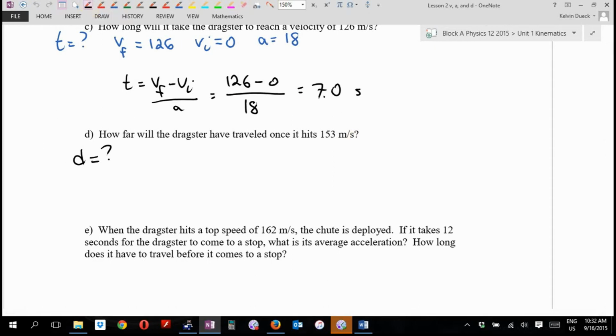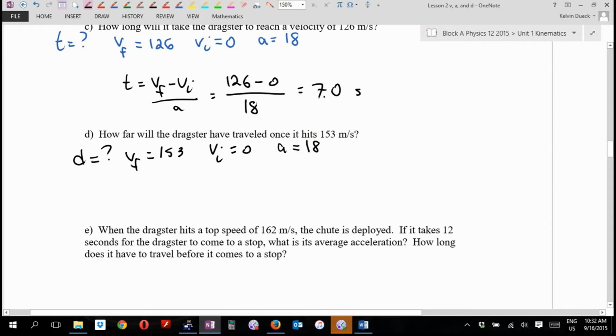Meters per second. It's a velocity. Which one? V final. I think we can still assume V0 was 0, or V initial was 0. Do we know time? We could find, wait a minute. I know A is 18. I don't need to find time.